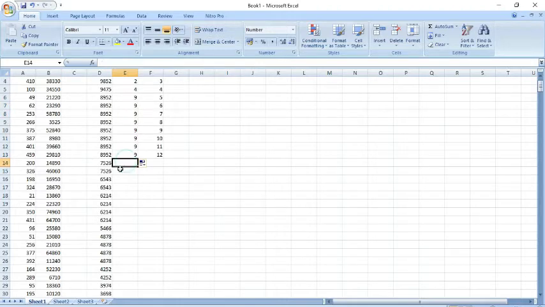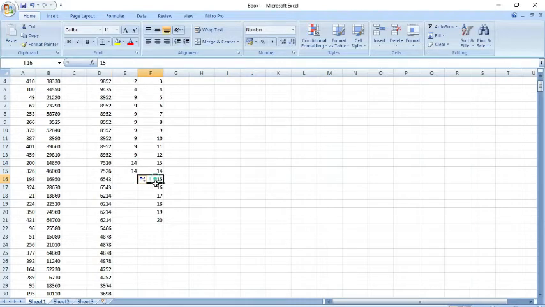So this one is 2, so this is 13 and 14. The average is 14, so this will be 14 and 14.